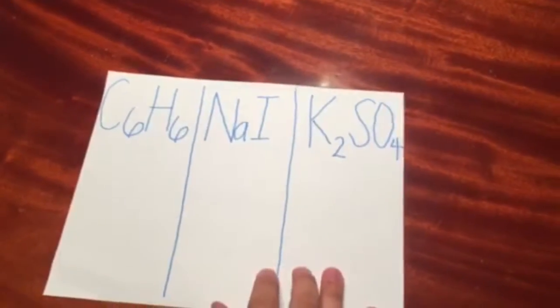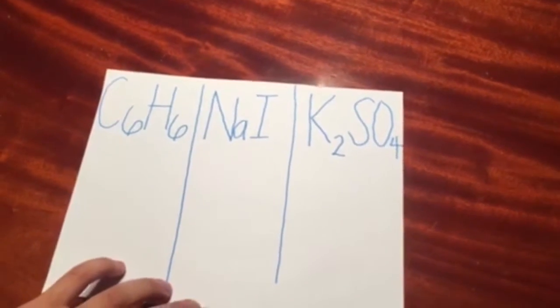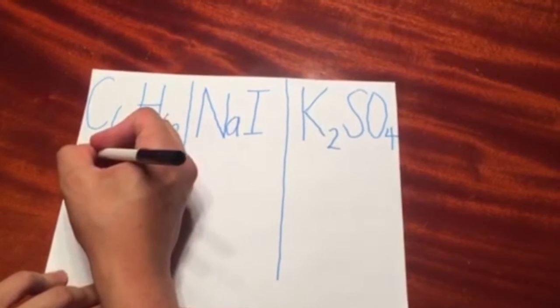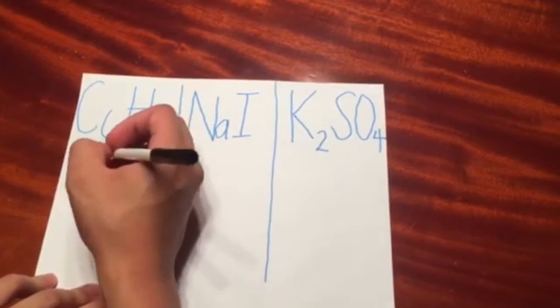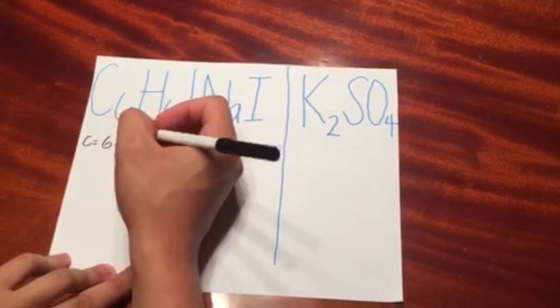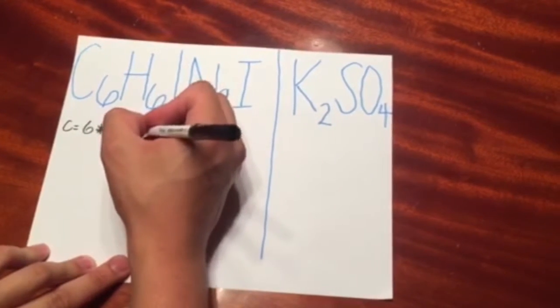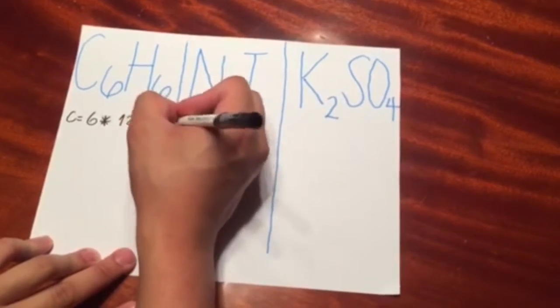Now we have C6H6. You already know the procedure. That will be C. You have 6, so you have to multiply it by 6, and its mass is 12.0107.